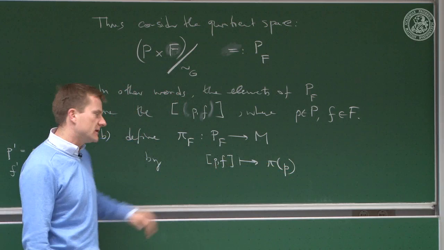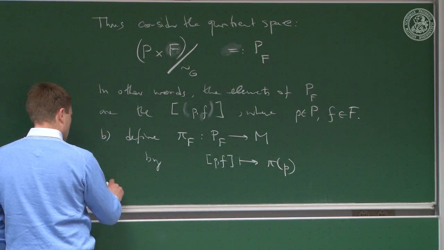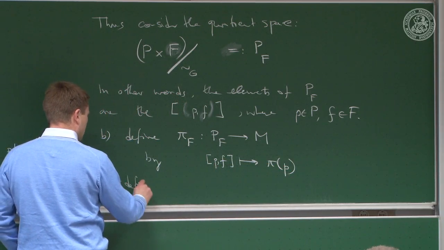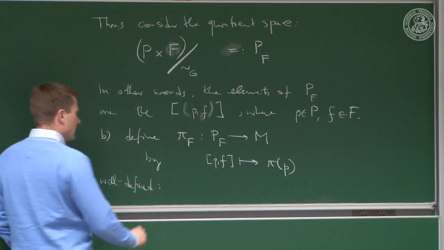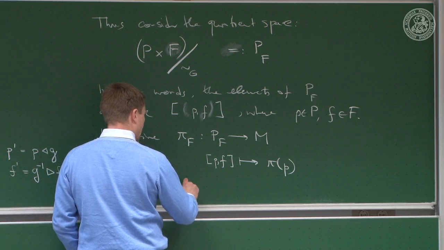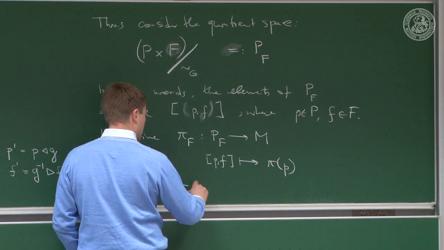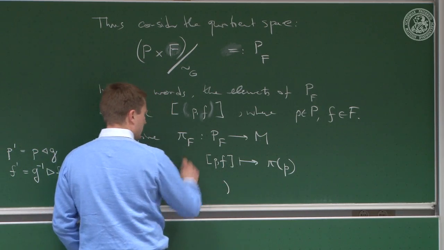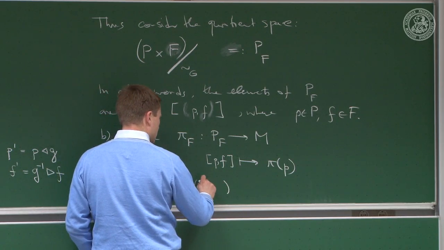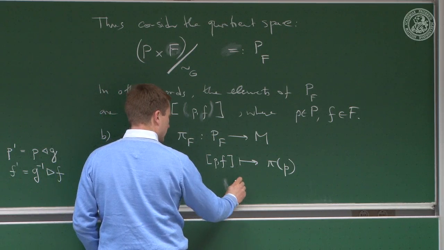And so we need to check well-definedness. Yeah? So this is well-defined since, okay, what do we need to check? We need to check that if we take any other representative instead of [P, F] and apply the map pi F to it. So what is any other representative?